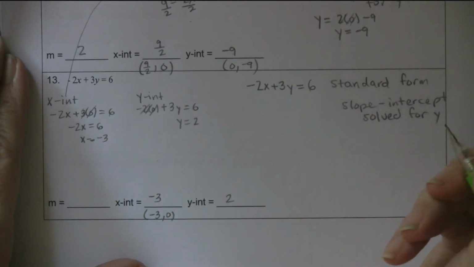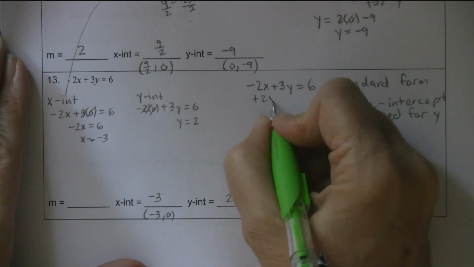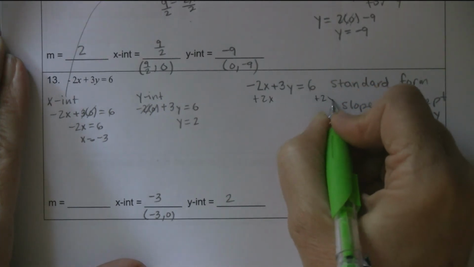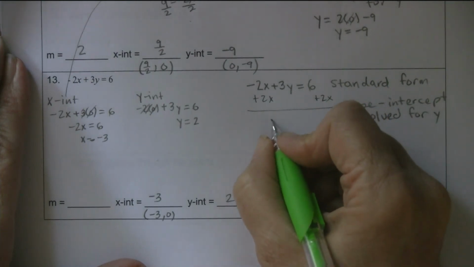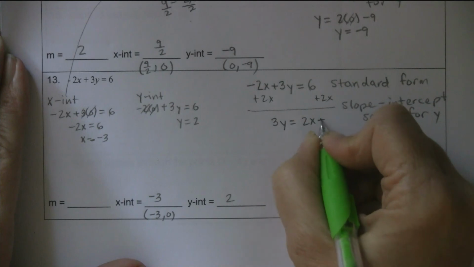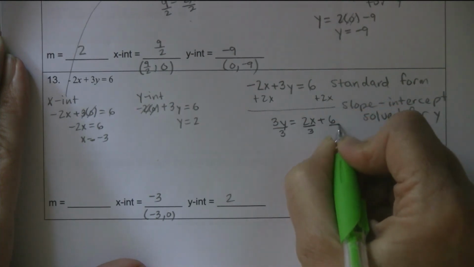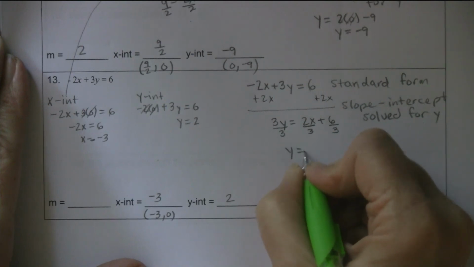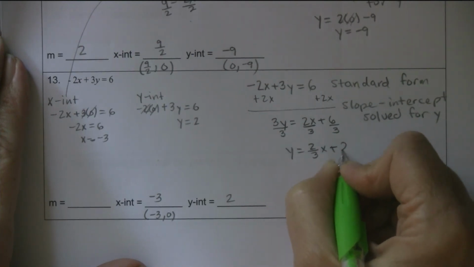And then the slope will be really easy. So all you have to do to solve for y is add 2x. So we're rearranging this equation. It's going to still be the same equation, just in a little bit different order. So this is 2x plus 6. Then I'm going to divide by 3, all three terms. And I get y equals 2/3 x plus 2.